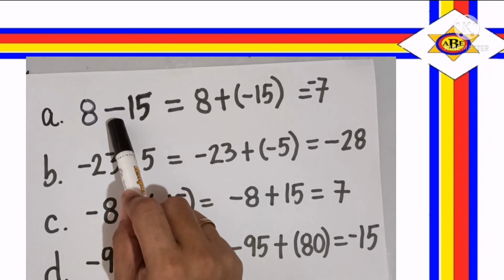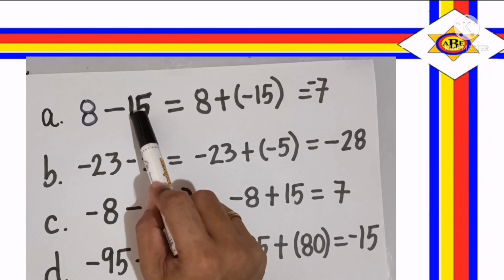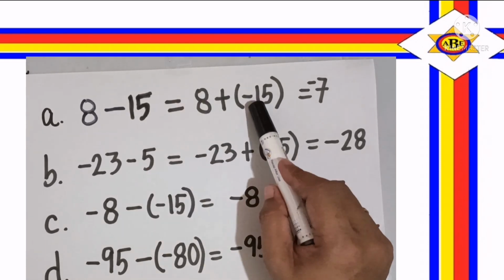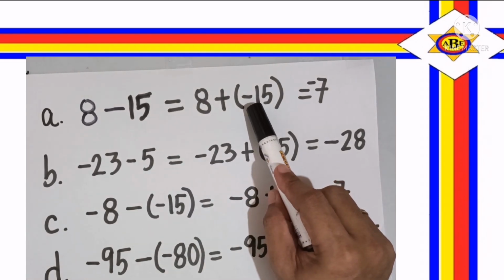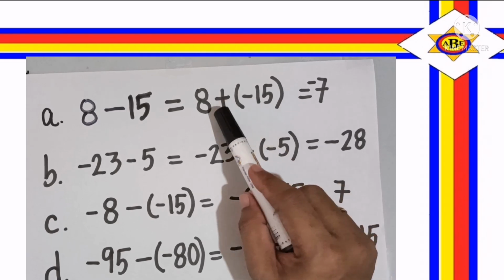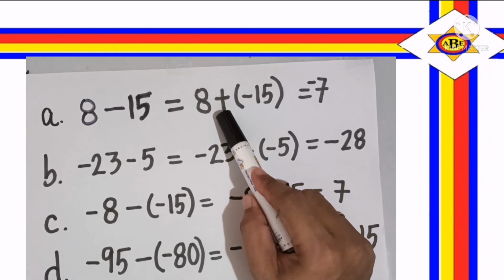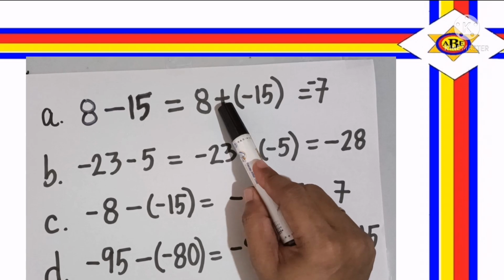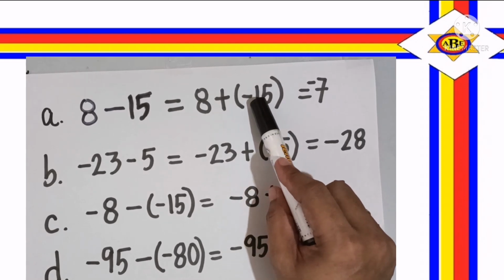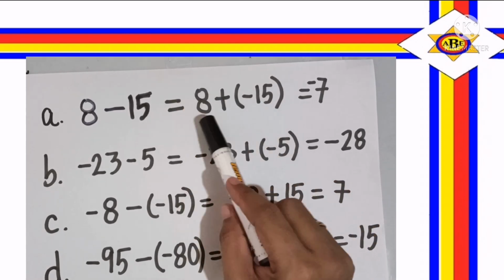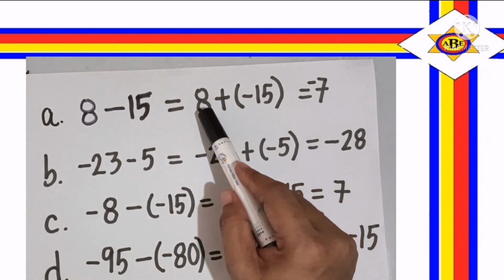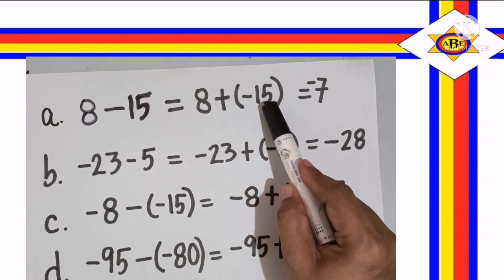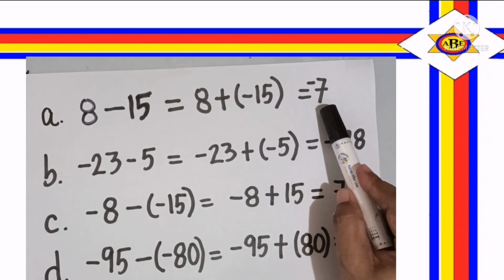We change the sign of the subtrahend, so that's why it is negative 15. So from subtraction, we change it to addition. Then we change the sign of the subtrahend, negative 15, from positive 15. So 8 plus negative 15, that's negative 7.